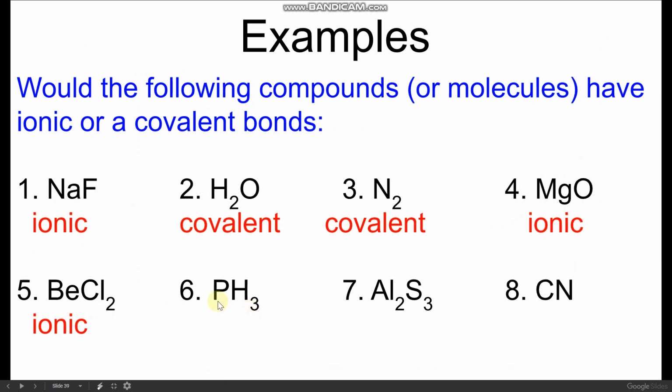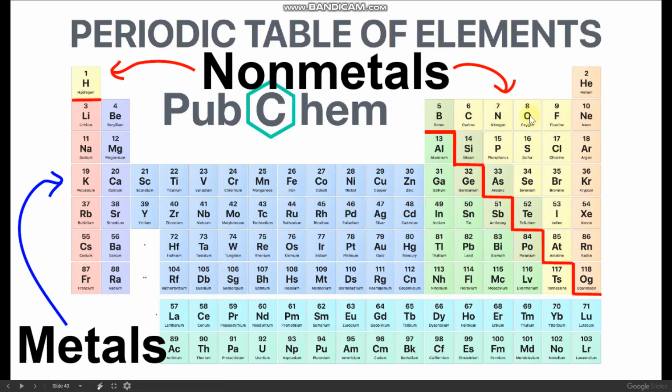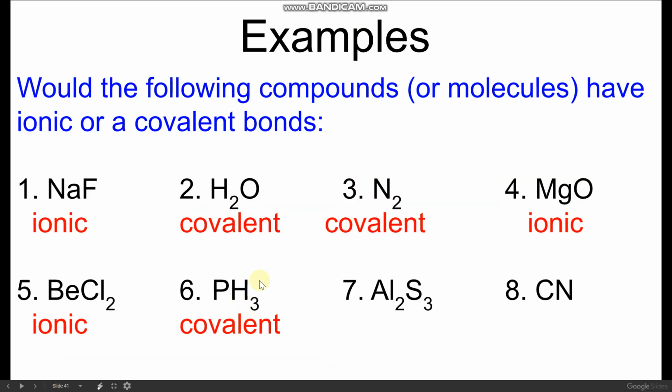Okay, next up we have phosphorus tetrahydride. So let's take a look for that one. Phosphorus is right here, definitely a nonmetal. Hydrogen is right here, also definitely a nonmetal. Nonmetal and nonmetal will form a covalent bond. So just like water and just like nitrogen.